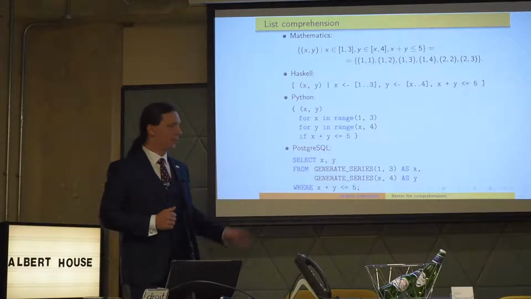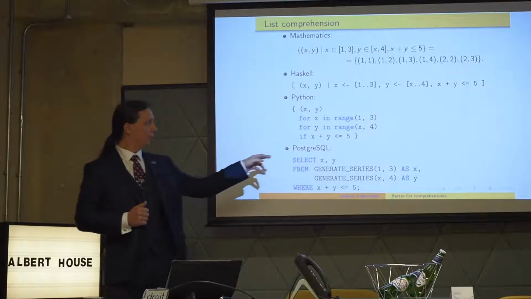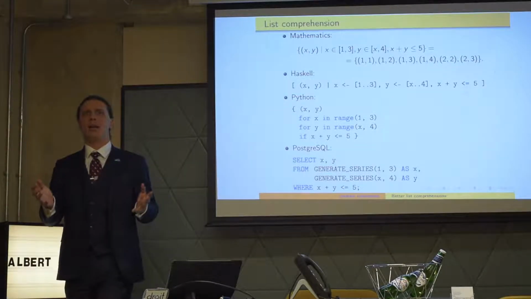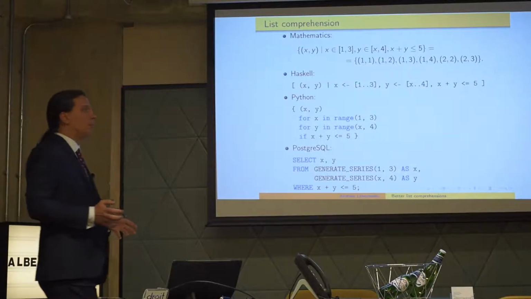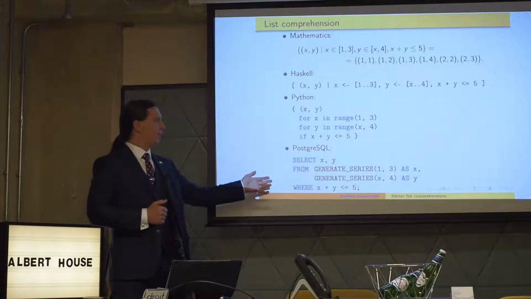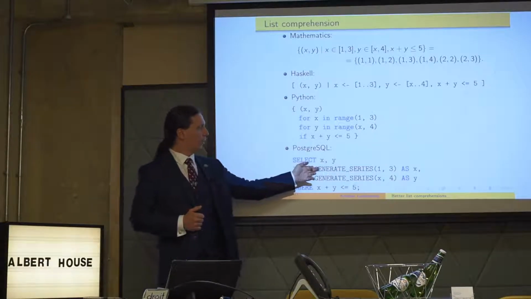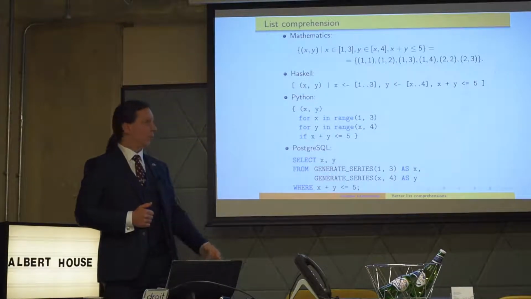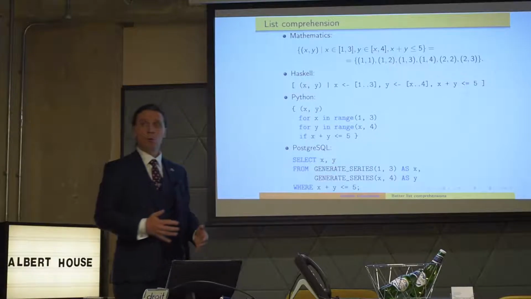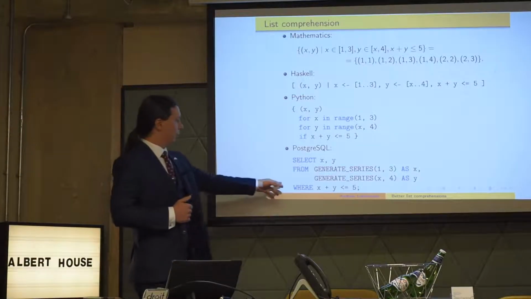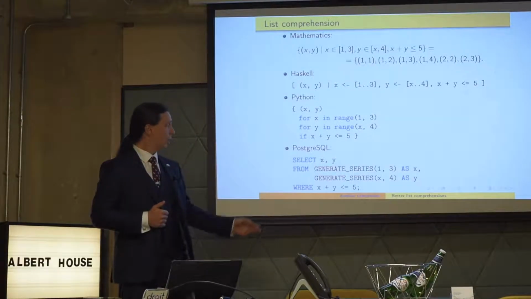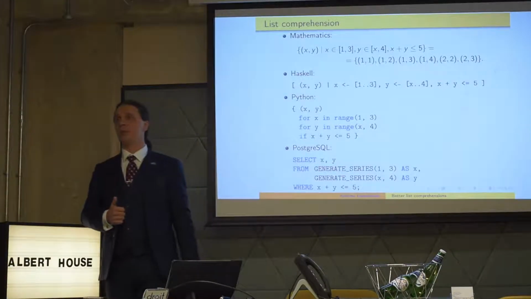So PostgreSQL has this nice helper generate_series, but you can emulate it in other SQL dialects with some other means, and basically it says exactly the same. It just generates a table between 1 and 3, it generates a table between x and 4, it forms a Cartesian product of these tables, filters them by a condition, and returns pairs.